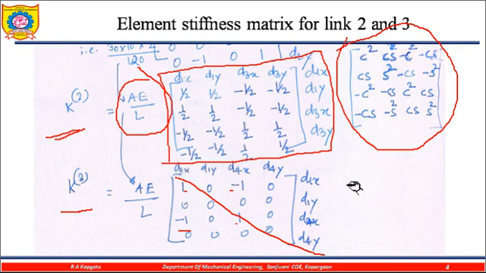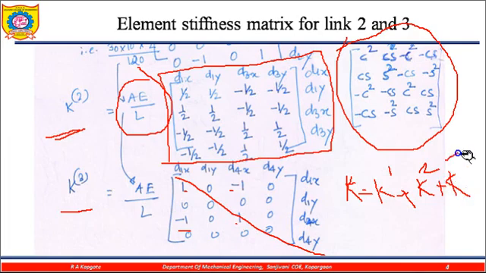Here my global stiffness matrix K is equal to k1 plus k2 plus k3. So this is my assemblage system to find the global stiffness matrix.